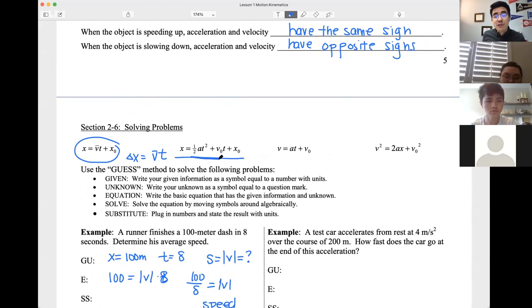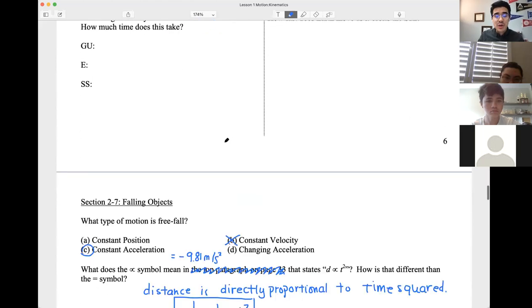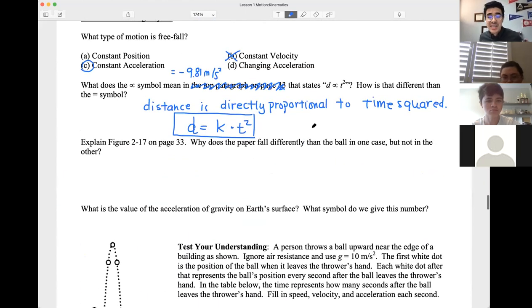When something is in free fall, we start off with no velocity. So the free fall equation is d is equal to 1/2 gt squared. So the constant of proportionality is just 1/2 g.